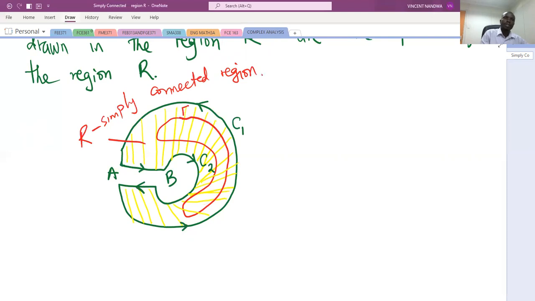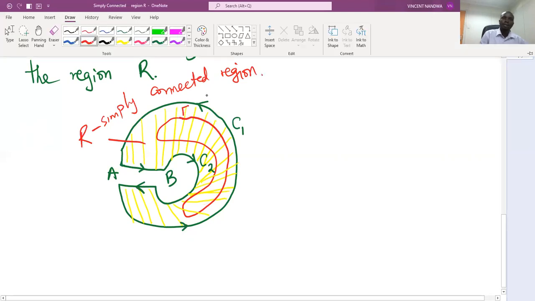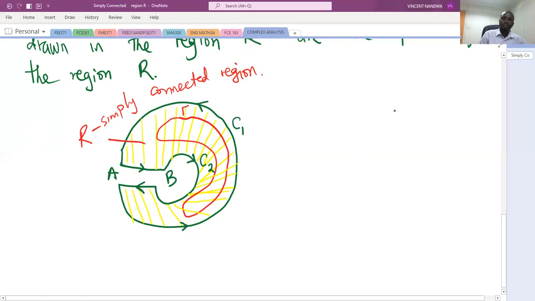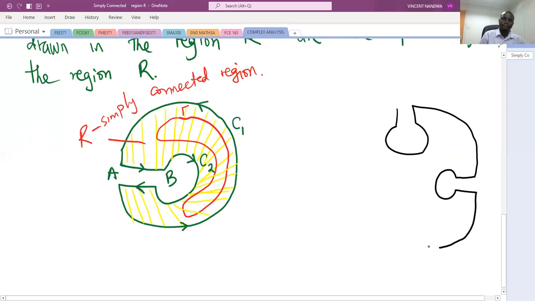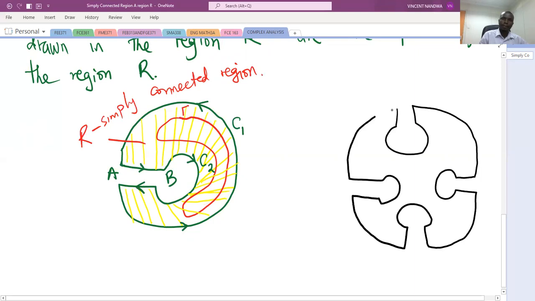We can also represent another example. So this is the motion.